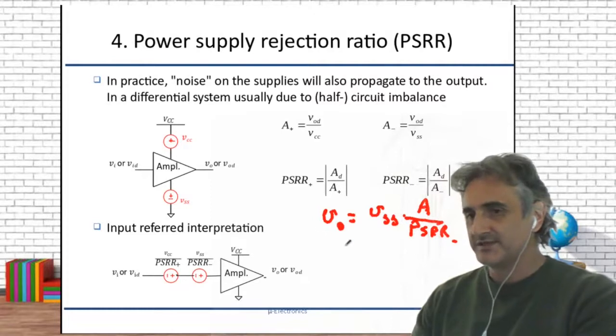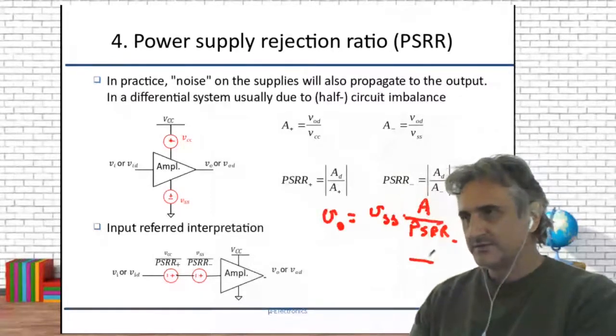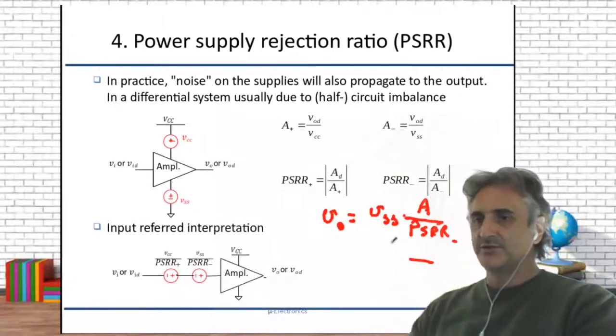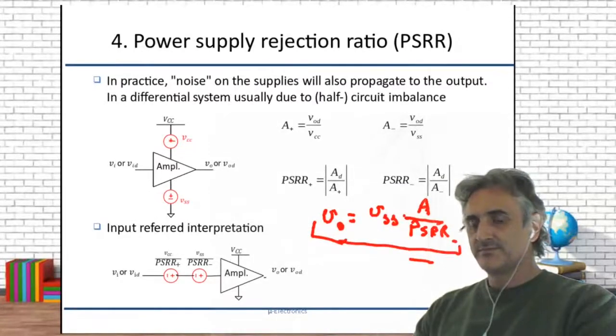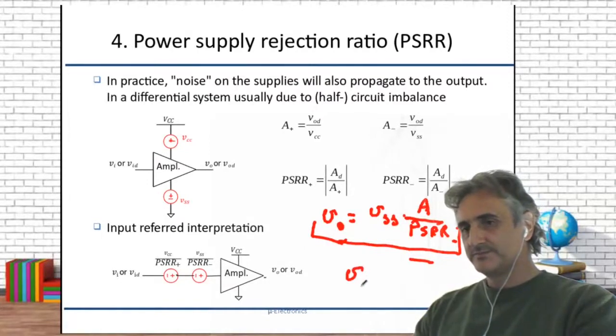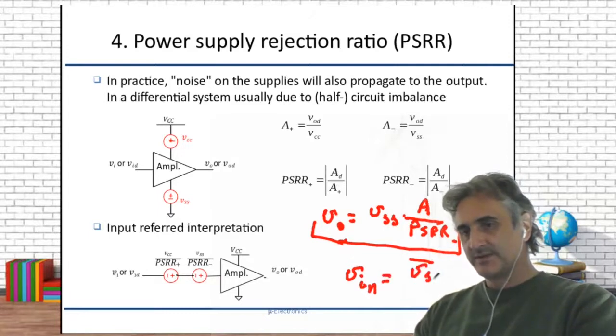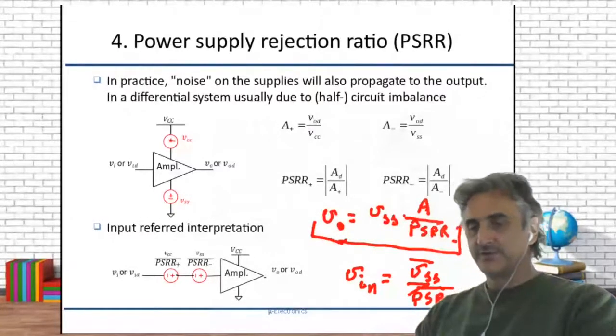But instead of looking at this expression, we can write it in another way. So this expression at the output is equivalent to having some noise at the input, let's call it N, which is VSS over PSRR minus.